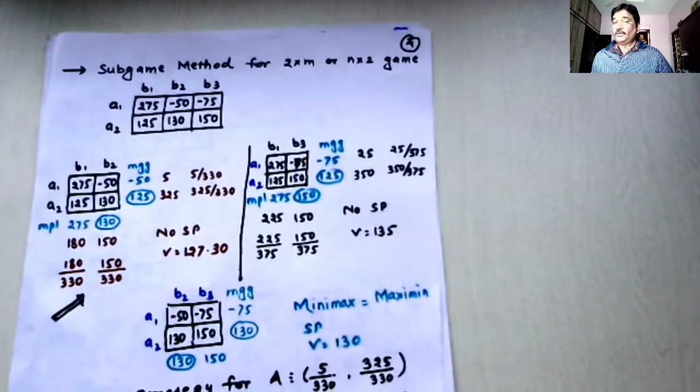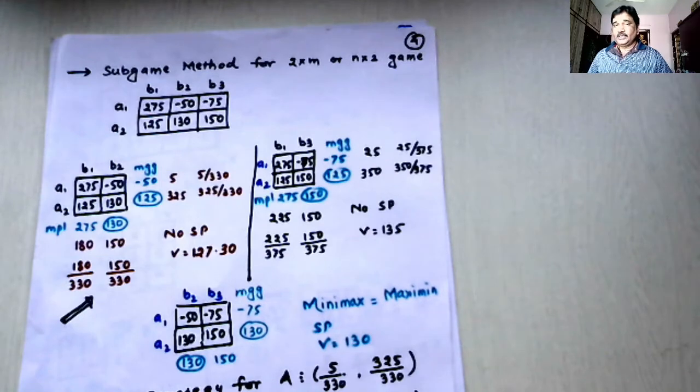But there is one point of caution: before you use arithmetic method or algebraic method, you first have to check if the game has saddle point or not. If the game has saddle point and still you use arithmetic method, then you will be doing wrong. First check.